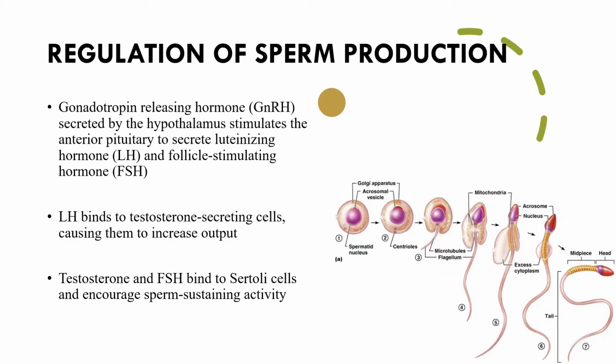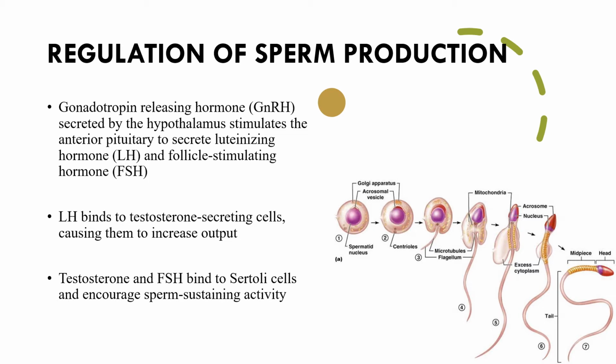So, the regulation of the sperm production. Gonadotropin releasing hormone is secreted by the hypothalamus and stimulates the anterior pituitary to secrete luteinizing hormone and follicle stimulating hormone. These hormones regulate the formation and development of the sperm.